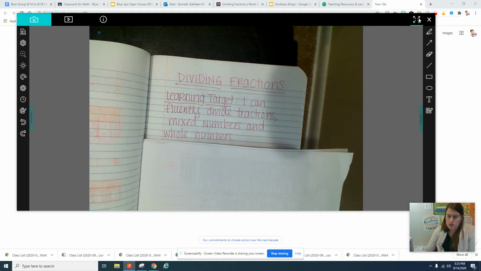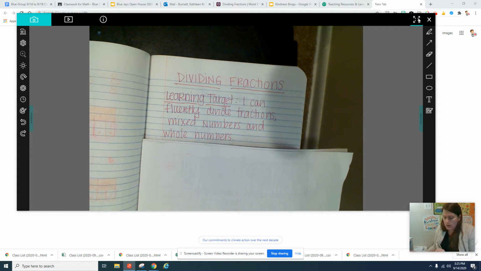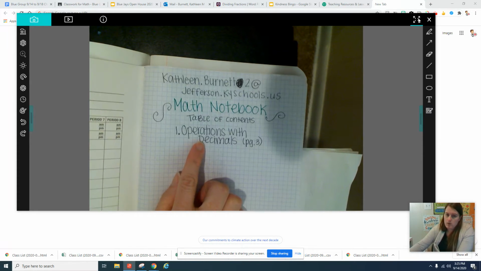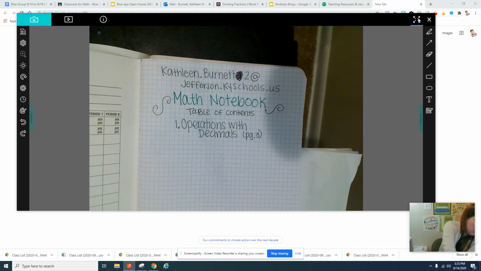So write this down in your notebook. This should be a notebook entry. If you haven't already, the other thing that you need to do is add dividing fractions to your table of contents. When you open up Blue Group, we started with operations of decimals.